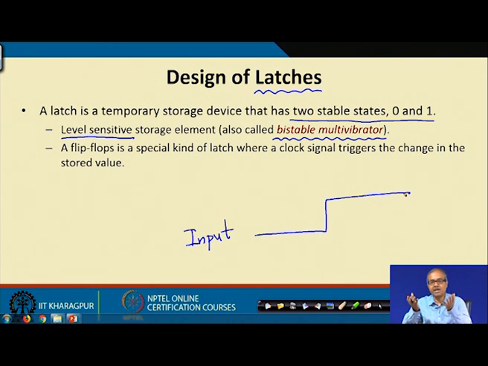So, the circuit will react to the voltage level, that means how long I am applying a 0, how long I am applying a 1. It will not look at exactly when I am changing it from 0 to 1. Level sensitive means this circuit operation will depend only on the level of the voltage that I am applying in the inputs. Okay.